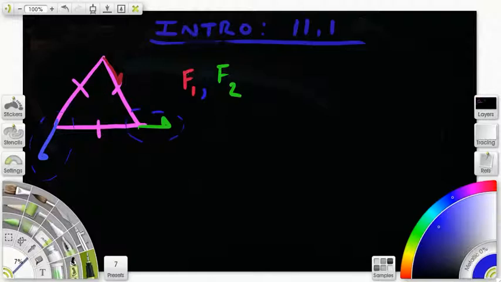I just realized my color coding is a bit off. F1 is this blue arrow right here. So that's F1, F2, that's F3. It says find a third force F3 to be applied at this point B right here, such that the total torque is 0 about this center point here.